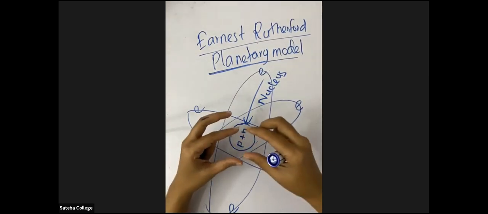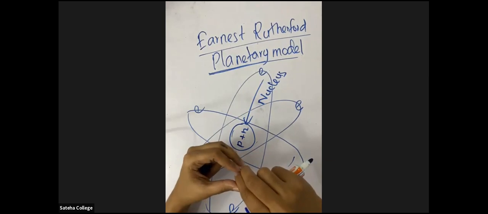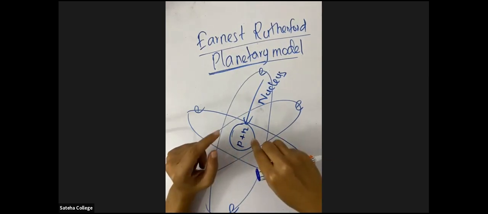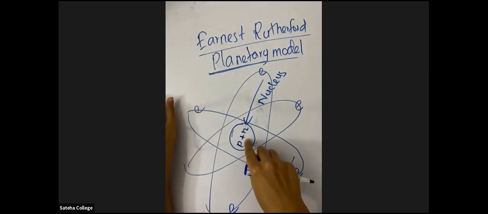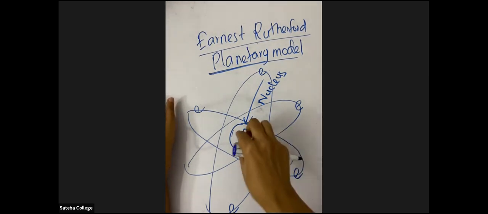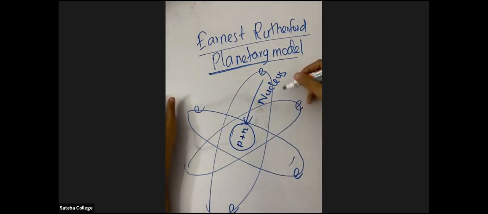So an atom consists of a nucleus. So what do you have inside this nucleus, everyone? Do you have all three substances inside the nucleus? No. You have only the proton and neutron. Proton and neutron are present in the center. So that is the nucleus. That is acting like what?